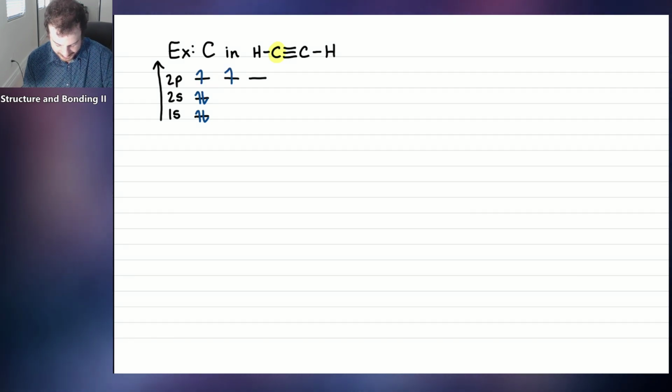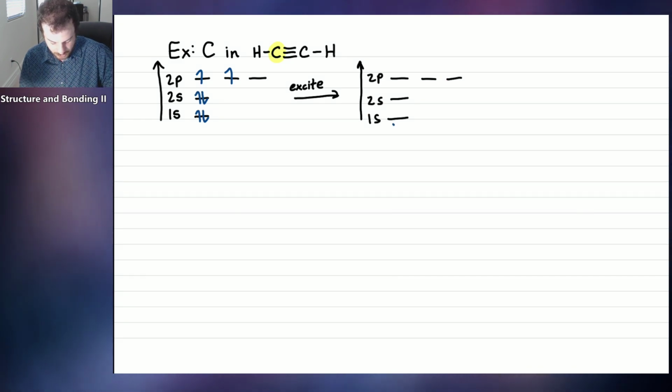All right, we'll do an excitation again, just like before, just trying to be consistent with what we'd seen on the previous two slides. So if we do that, 1s, 2s, 2p, we'll get the 1s staying out of this, and then we will get our 4 partially filled orbitals. Now let's do our hybridization.